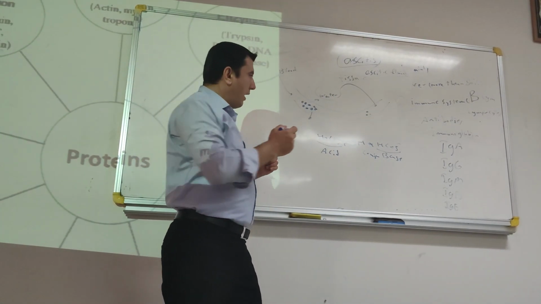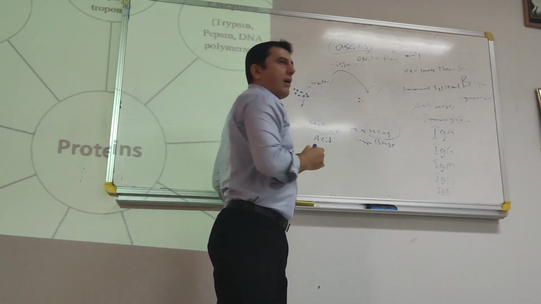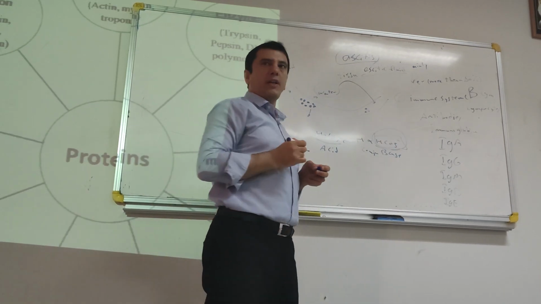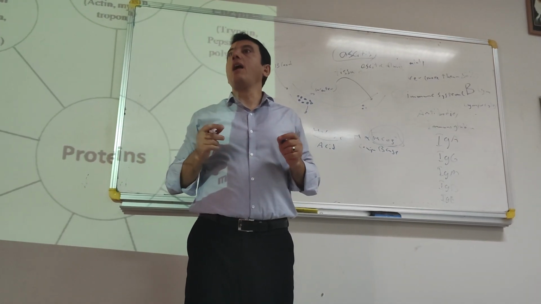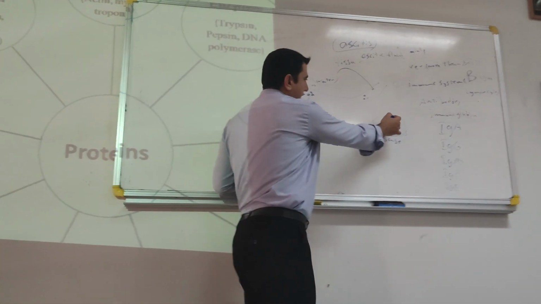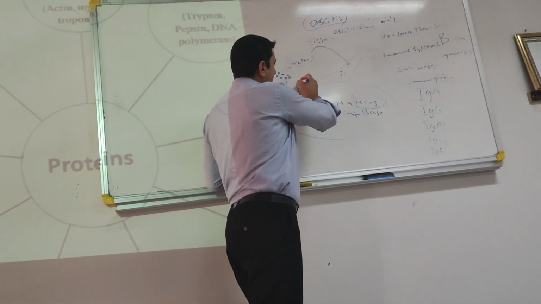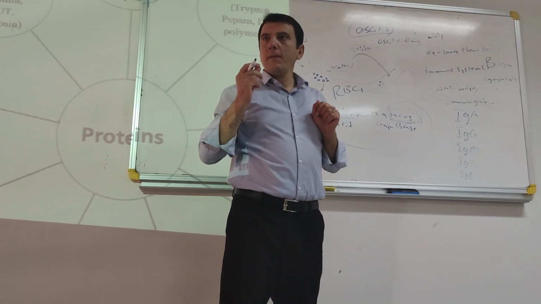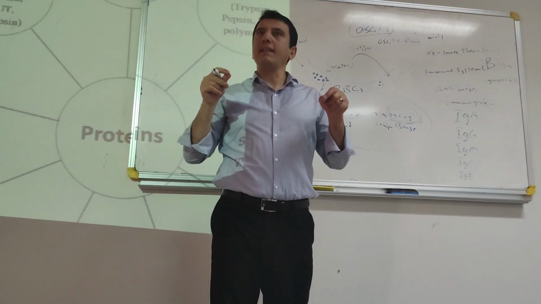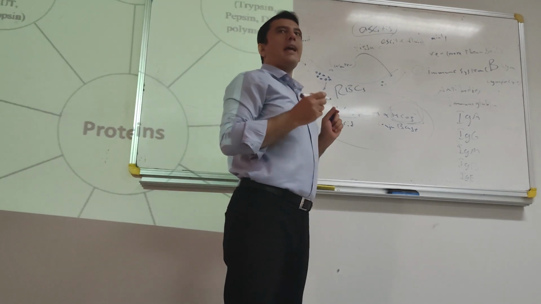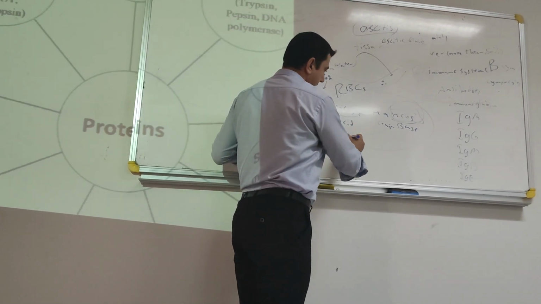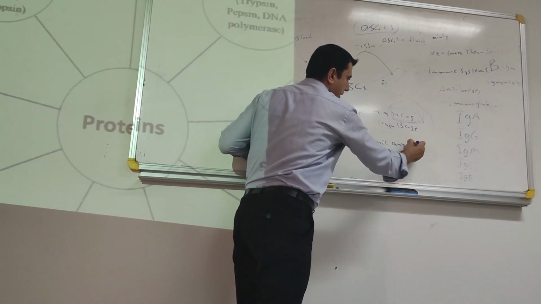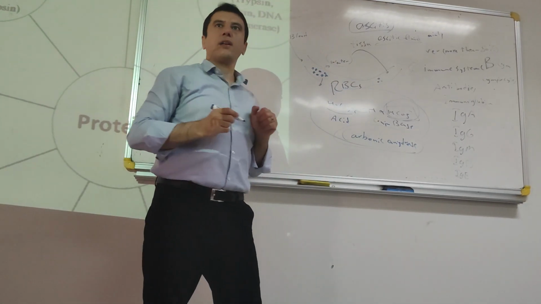The production of this base, HCO3, will happen in RBCs. This reaction will happen in our RBCs. RBCs need a protein, an enzyme named carbonic anhydrase, for this reaction.